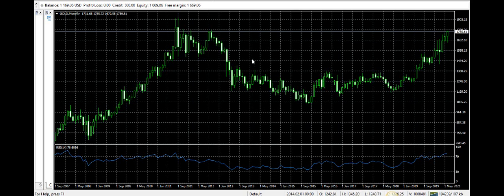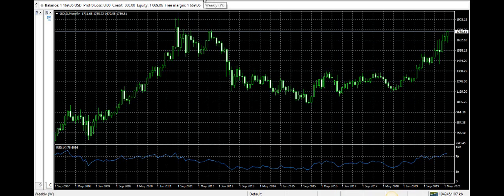So if we're looking at a monthly, which is the first chart we really look at, we can see that in general the market is in a very strong monthly trend, and the RSI, which I mentioned to look for, is 78, which is very high. Overall, I'd say that from this frame alone, the market looks pretty overbought.